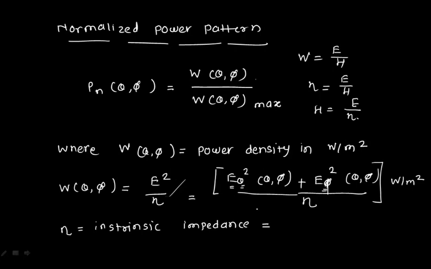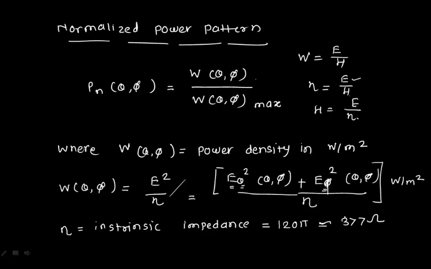So neta is the intrinsic impedance, which is the ratio of the electric field intensity, say if you are taking it in the x direction, to the magnetic field intensity in the other direction, that is the y direction. Those things we are going to cover in our unit number 3. But right now you just understand this intrinsic impedance is the impedance of free space, and the value of this is approximately 377 ohm.